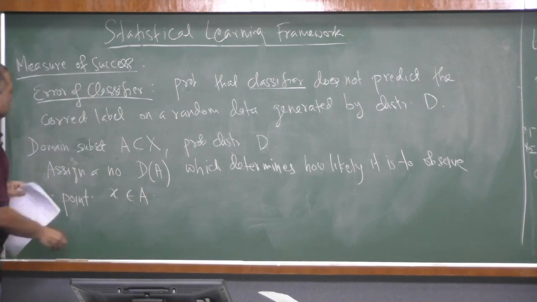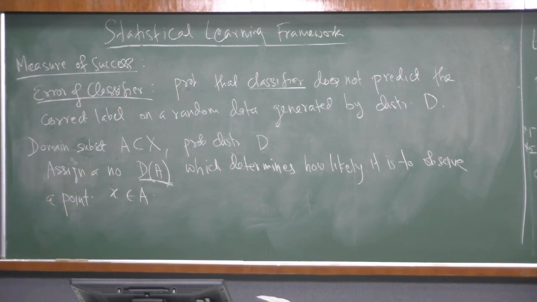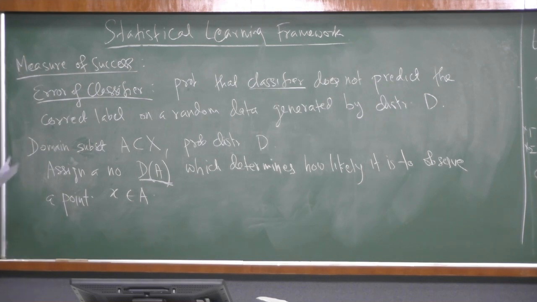So dA means how likely, and here again it will be some kind of a probability measure. How likely it is to observe a point x in A, where x is something in X.